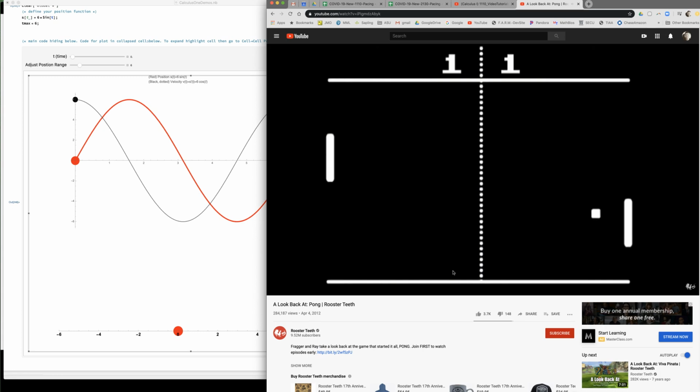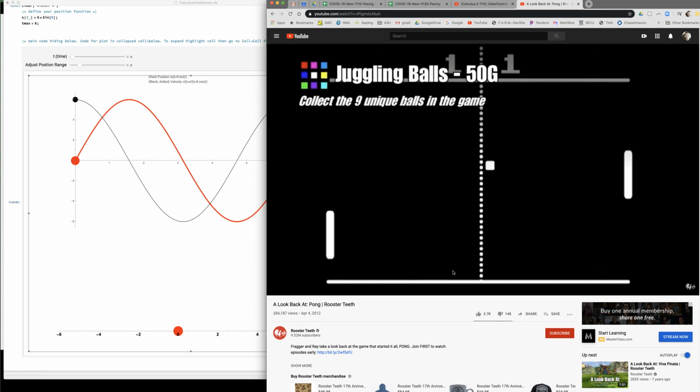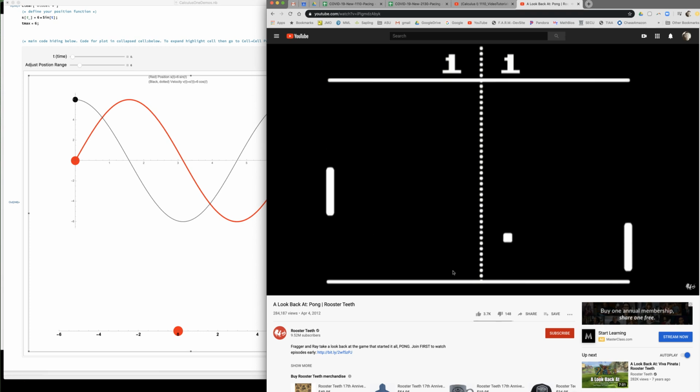They can only move in, say, one direction, but they can move up and down. Okay? So that is essentially rectilinear motion. Each of the Pong paddles can only move up and down, and if you turned your head on the side, they would only be moving left or right. Okay? So this is rectilinear motion at its finest.